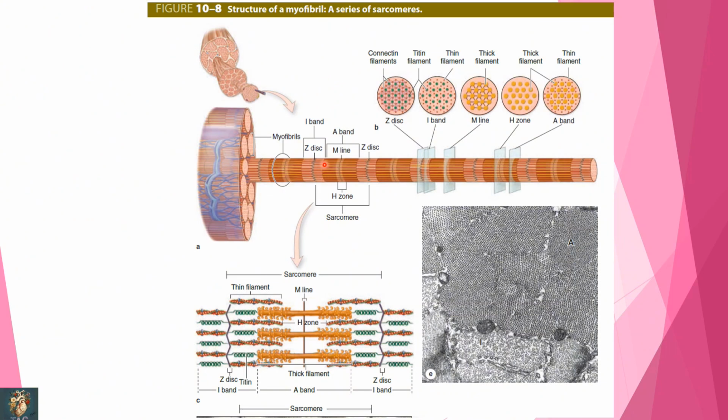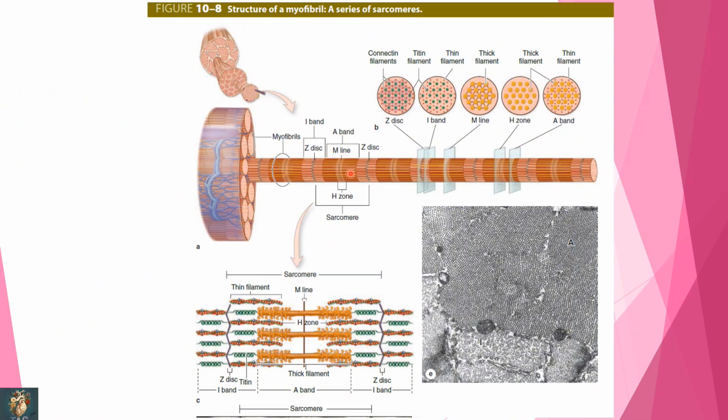So this area is called the I band, or isotropic. It is around the Z disc, and it contains the actin myofilaments. The darker area on polarizing light microscopy is anisotropic. It changes the direction of the polarized light and appears darker in color. It contains the myosin filaments.